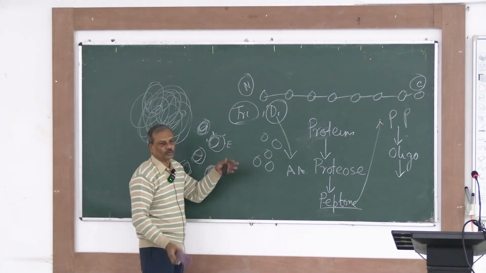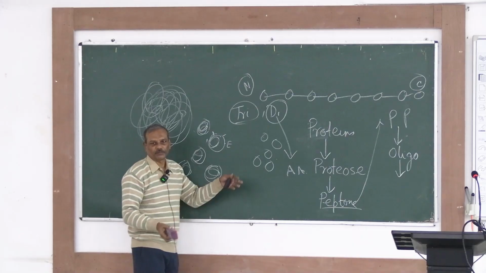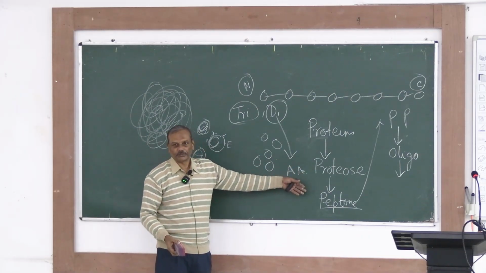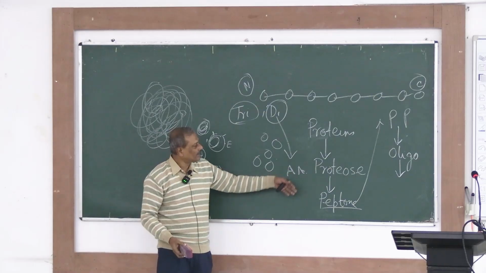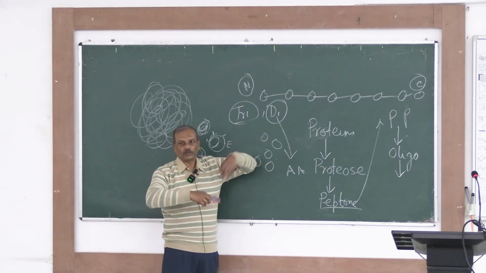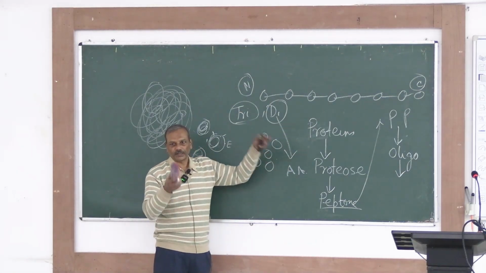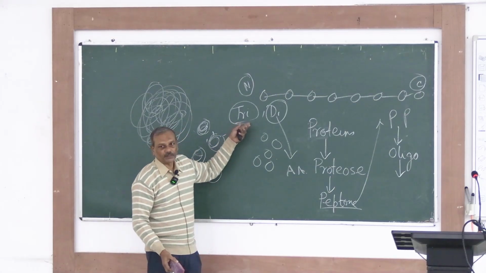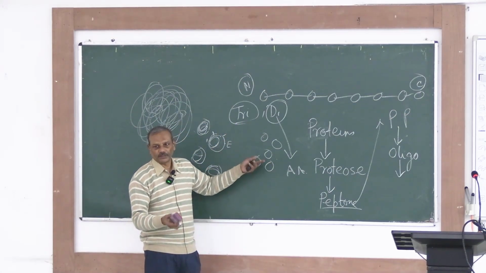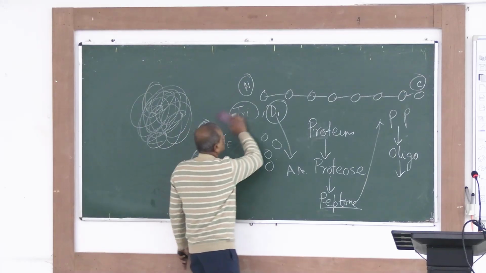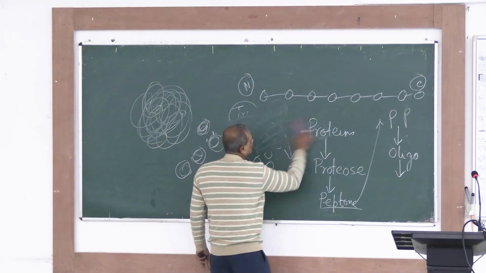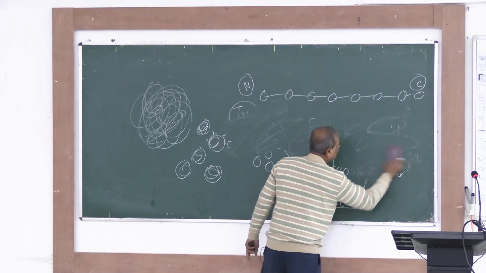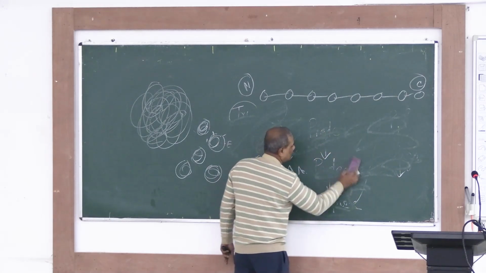Protein will be broken down into smaller fragments. The initial stage is the proteose stage and peptone stage, and then it will be further broken down to polypeptide, oligopeptide, shorter fragments of peptide, to finally tripeptide, dipeptide, and the amino acids. So, the proteolytic enzymes, these enzymes which cleave the peptide bond, are largely of two types.